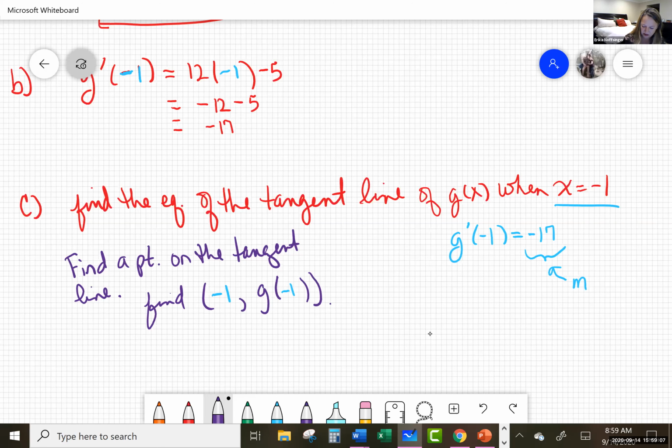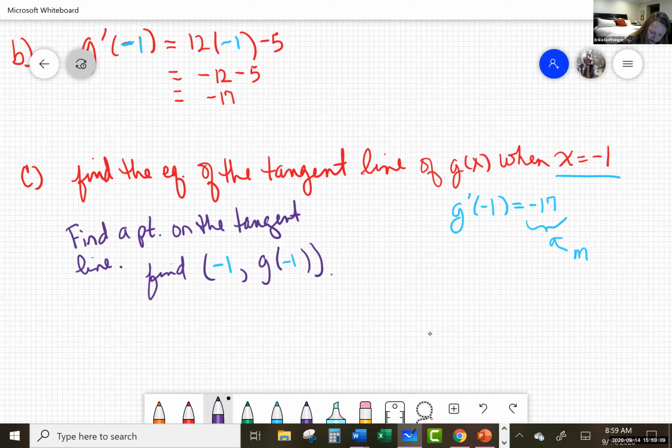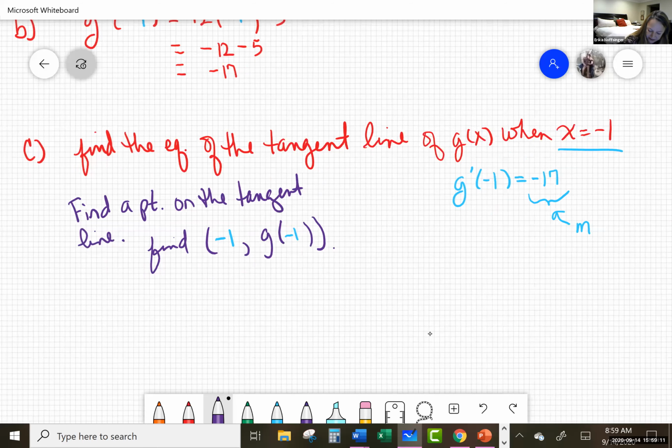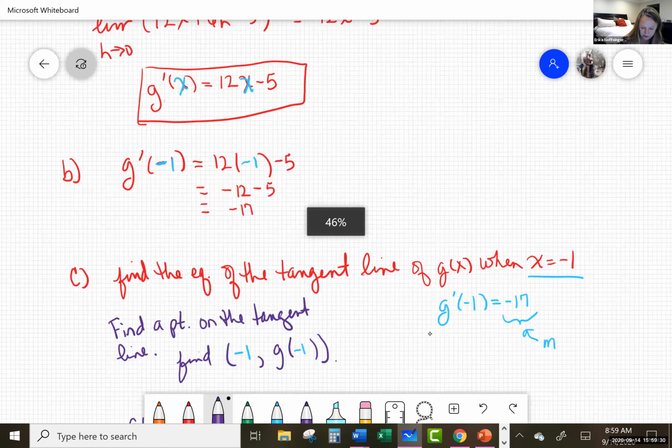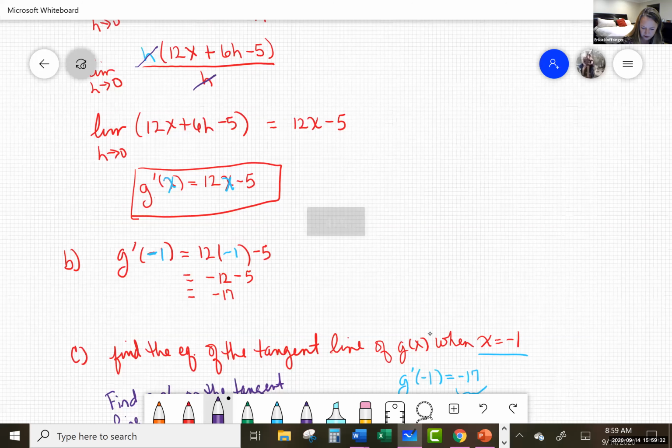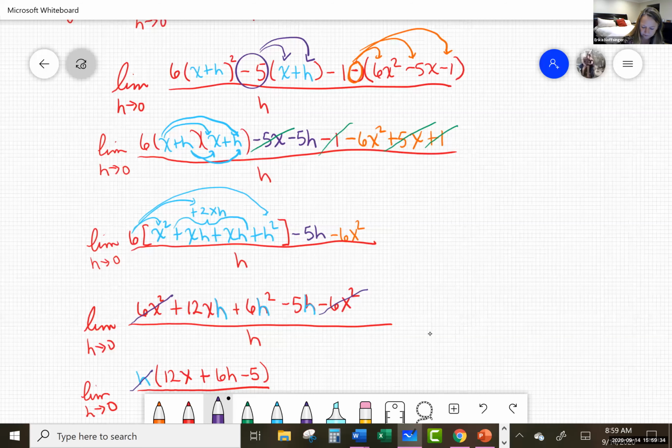Okay, so let's recall what g of x was. g of x in ours was 6x squared minus 5x, yeah, minus 5x minus 1. Let me just make sure I copied it down right originally. Yeah.